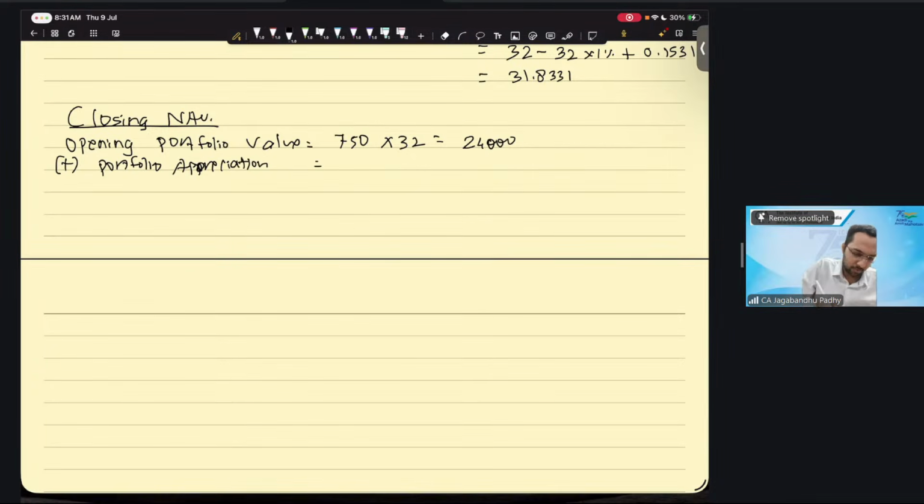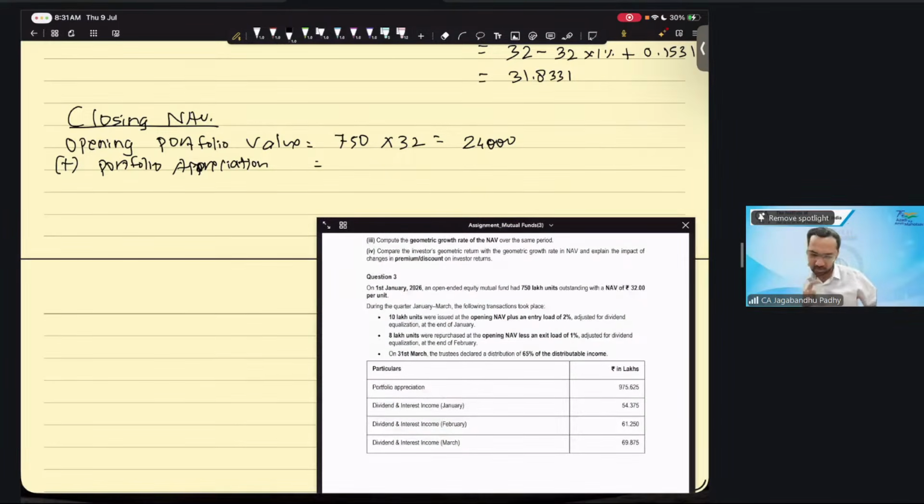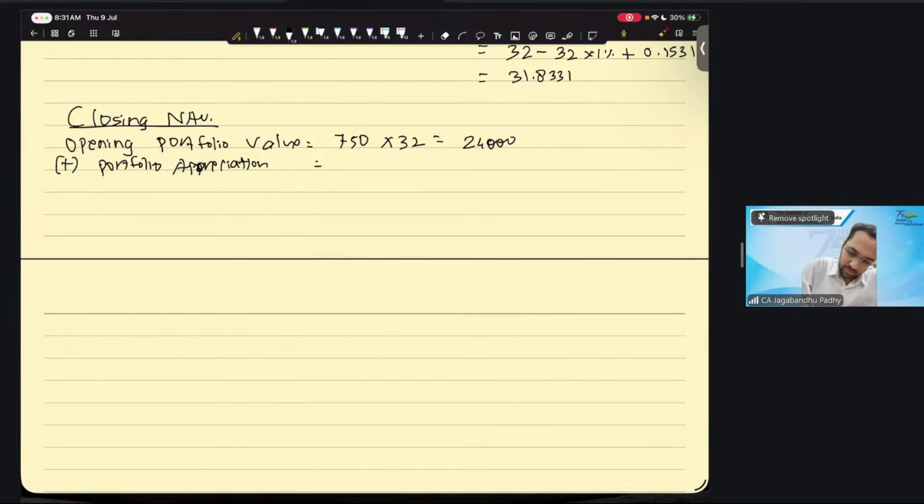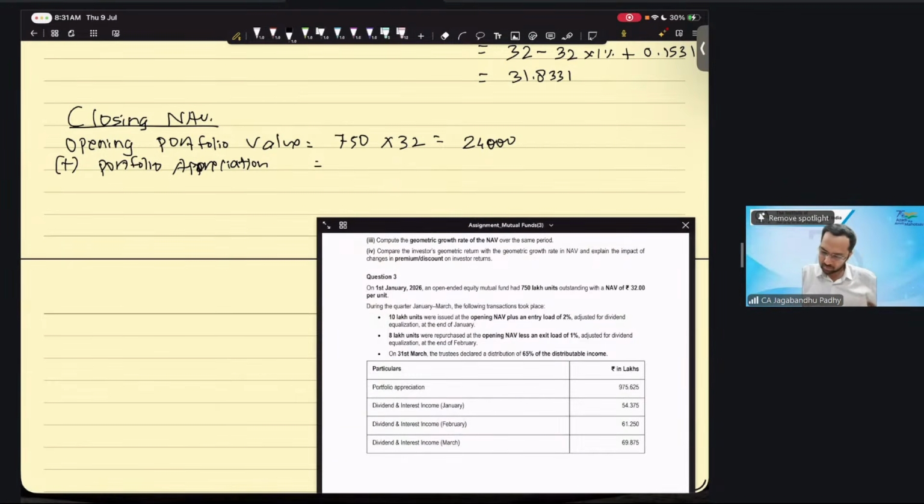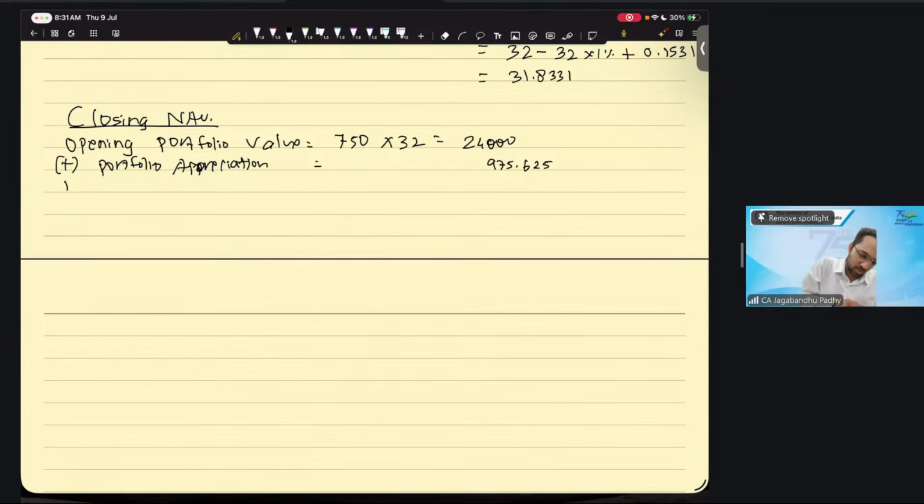Now, portfolio appreciation is given as 975.625. To that, I'm going to add now the cash balance. And this will give us the closing portfolio value.